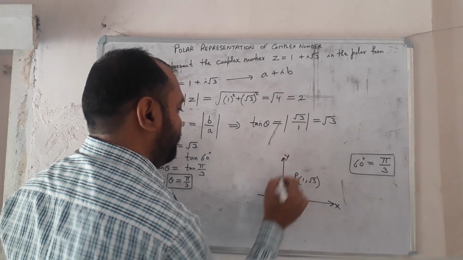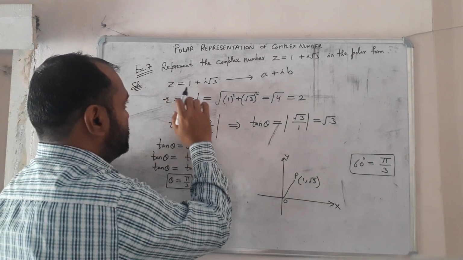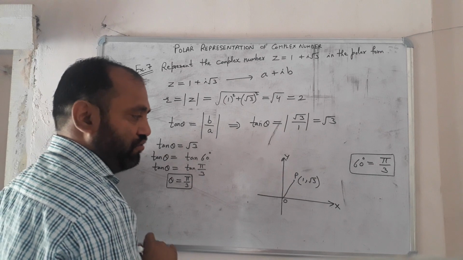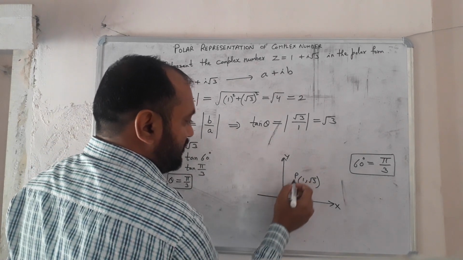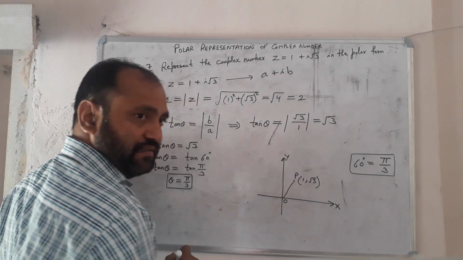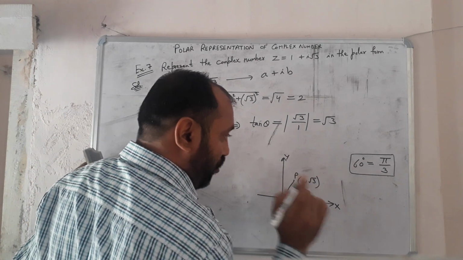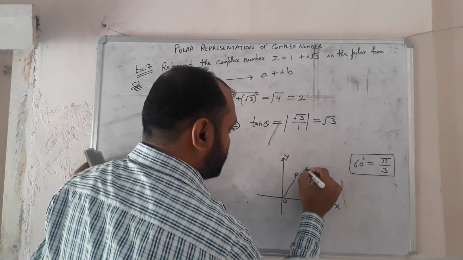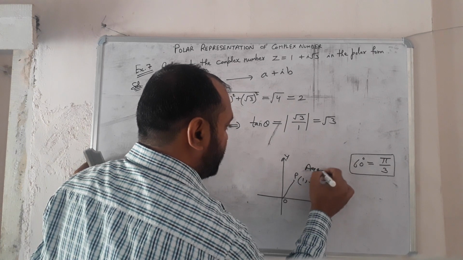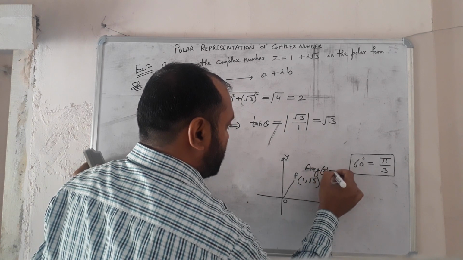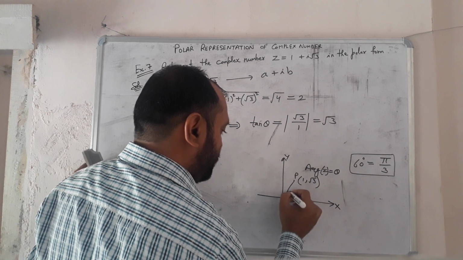This is x-axis and y-axis. So this z is equal to 1 plus iota root 3. It means it lies in first quadrant. And I have told you that in first quadrant the argument of any complex number is theta itself.